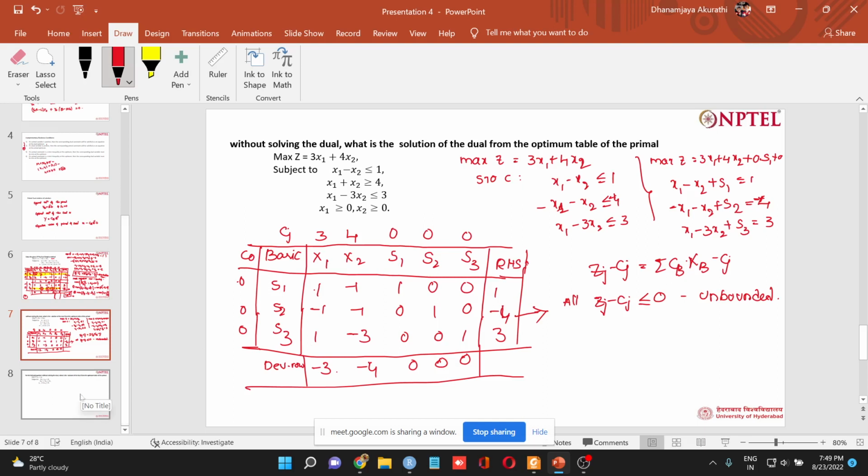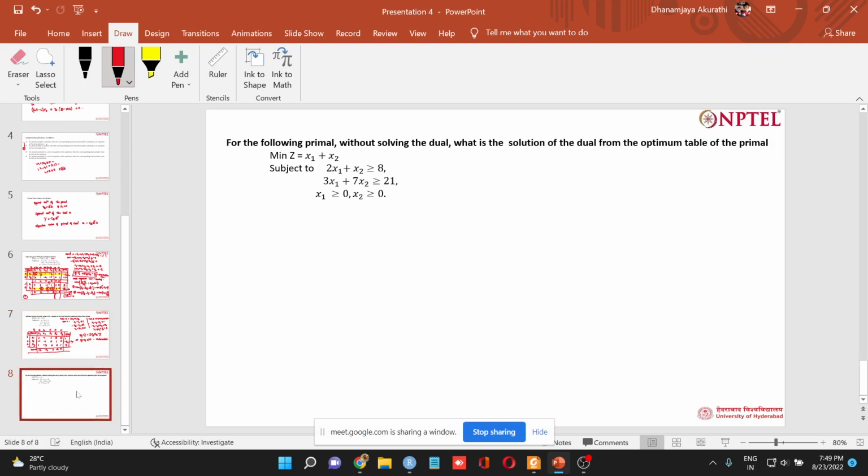Okay. Next. In this question you had no queries, right? Coming to the next question, for the following primal, it is a similar question: without solving the dual, what is the solution of the dual? Here they are asking in the same manner.